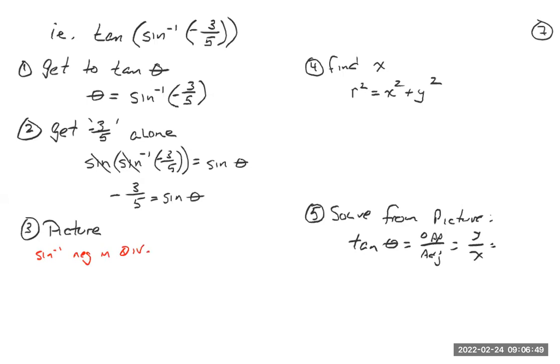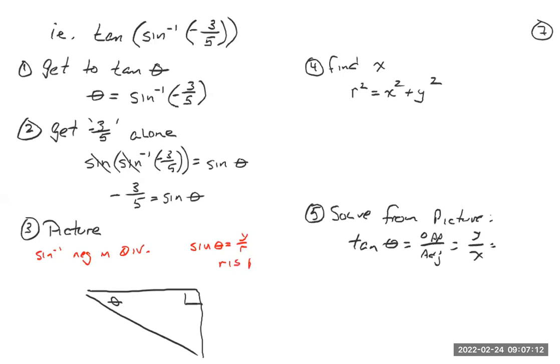So when I draw my picture, I'm going to draw it emanating from quadrant 4. Sine of theta is y over r.